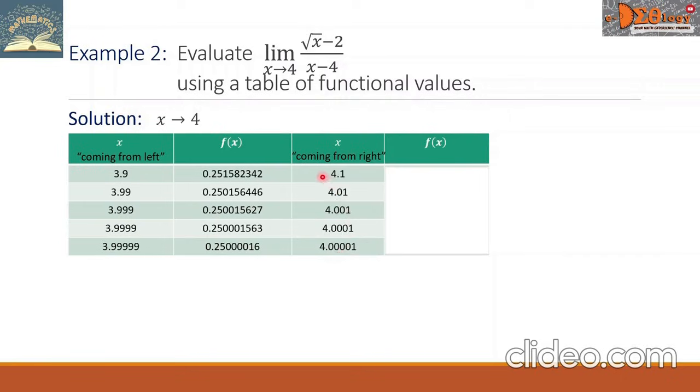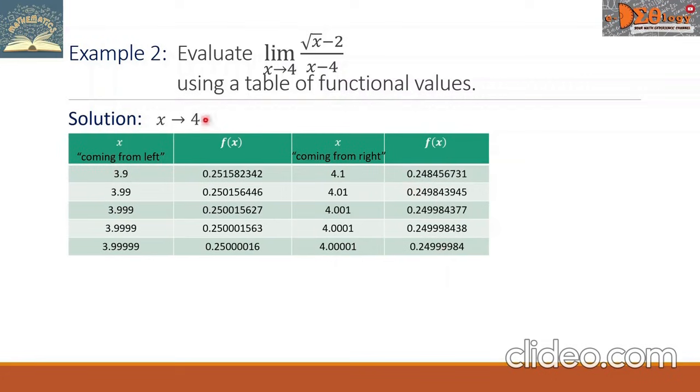The values are 4.1, 4.01, 4.001, 4.0001, 4.00001. I hope you can see the pattern here. Now, let us find the corresponding values of f of x when x has these values. So, f of x will be like this.